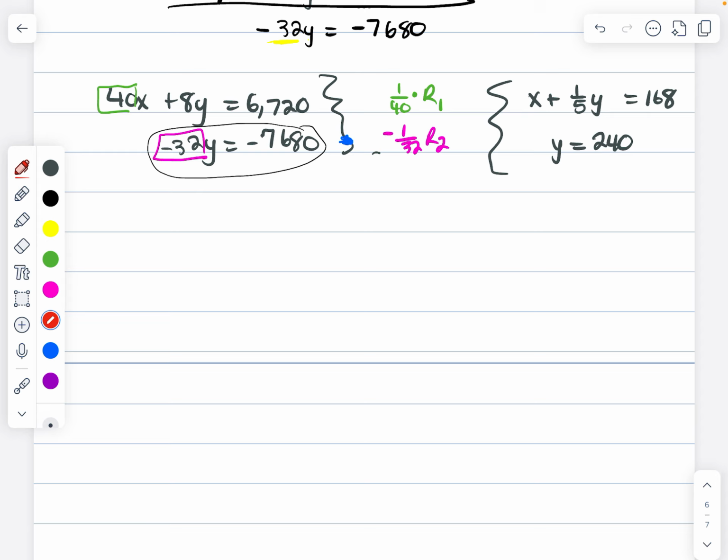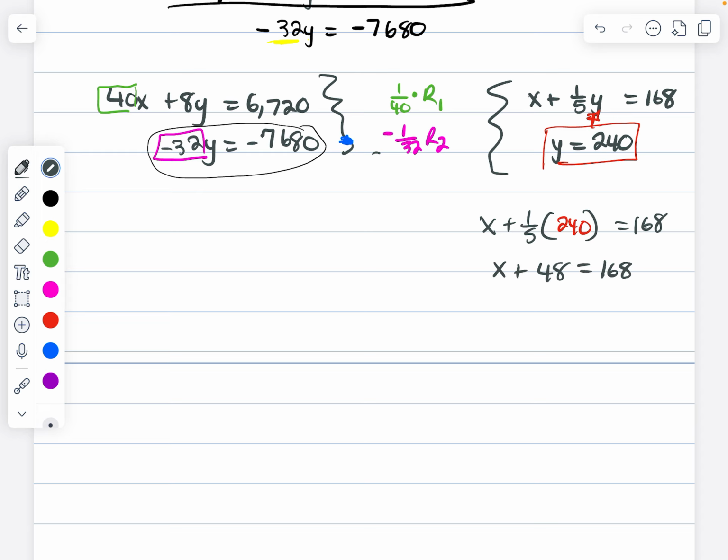Now that we know y is equal to 240, we take that 240 and substitute it in the top equation, so we have x plus 1 over 5 times 240 equals 168. 240 divided by 5 is 48, so this is x plus 48 equals 168.